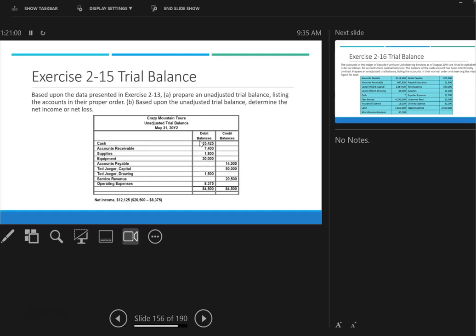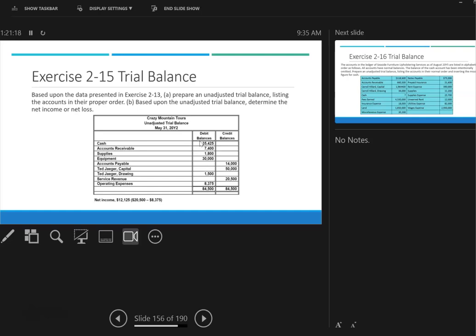Now, if we look back on this exercise 213, where we had all these various journal entries, we can prepare a trial balance.